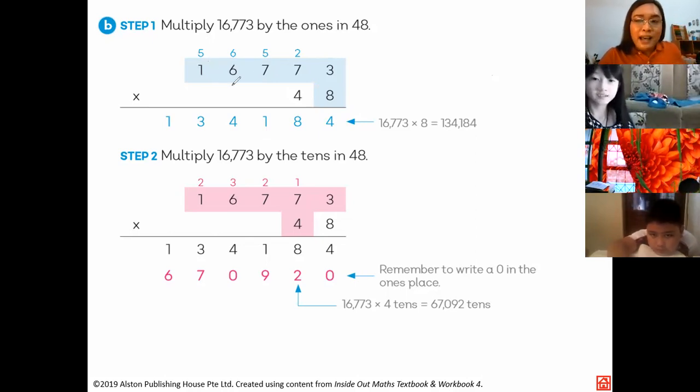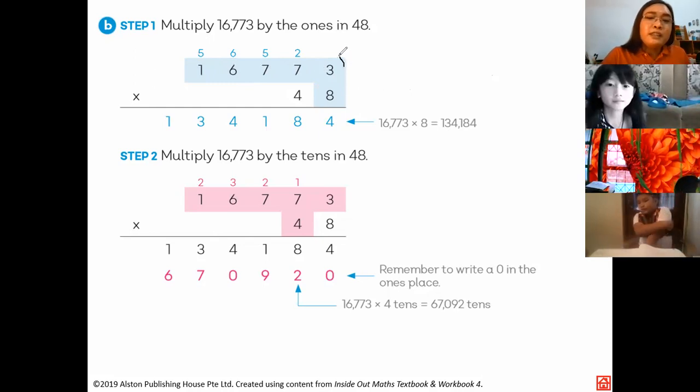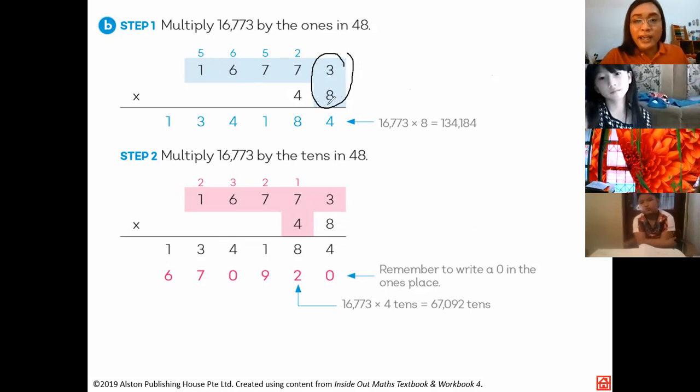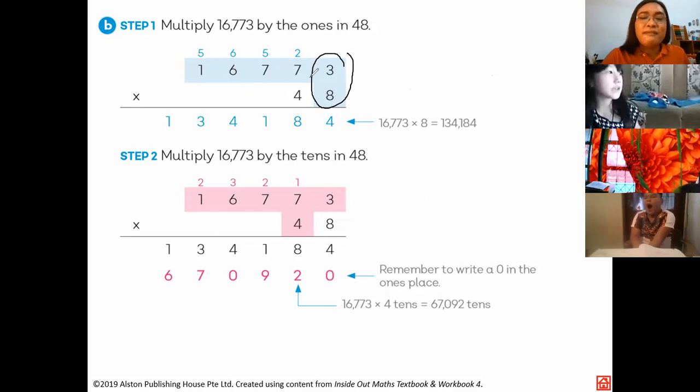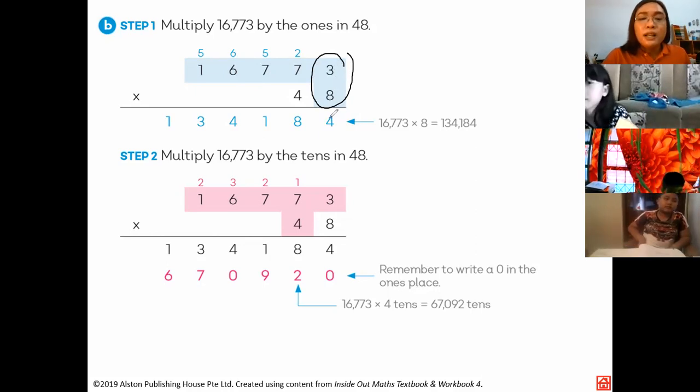All right, so now let's continue. We have 16,773 multiplied by 48. First we have to multiply the ones, which is 8. Multiply 8 to 16,773. So 8 multiplied by 3, that's 24. So you write number 4 over here and then carry 2 at the top of number 7.